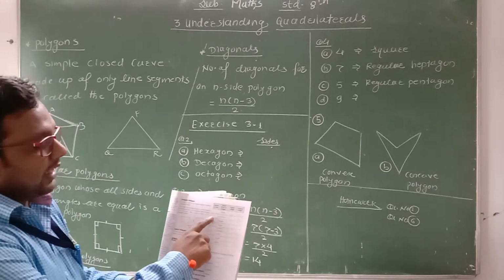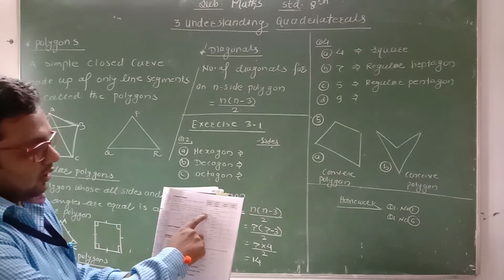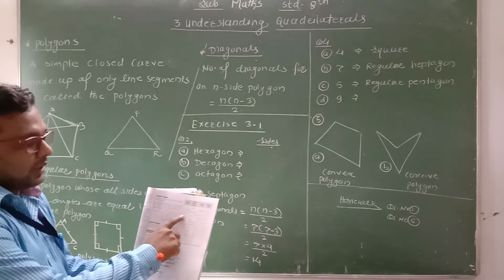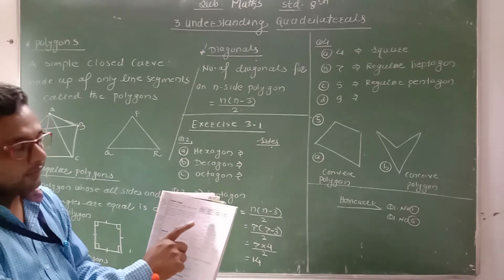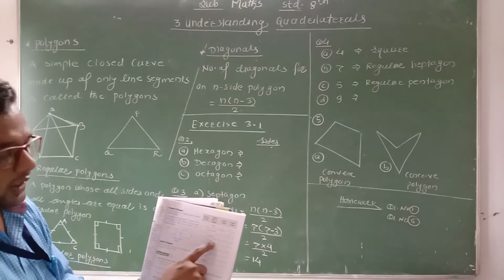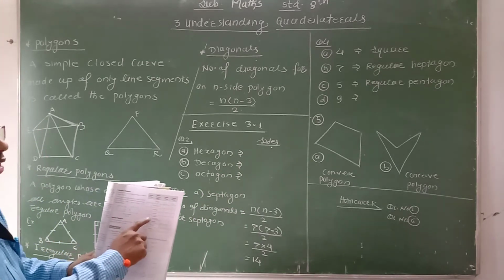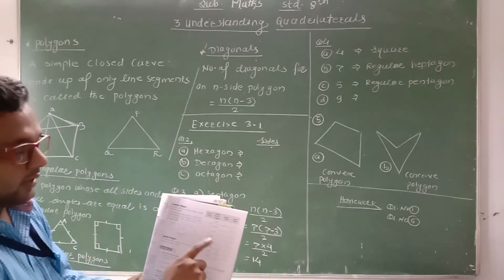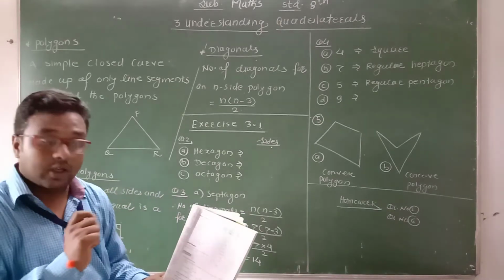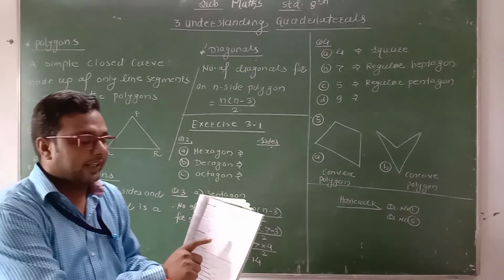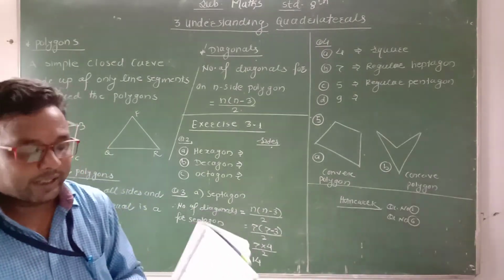Then a four-side polygon is called a quadrilateral. A five-side polygon is called a pentagon. A six-side polygon is called a hexagon. A seven-side polygon is called a heptagon or septagon. Then an eight-side polygon is called an octagon. A nine-side polygon is called a nonagon and a 10-side polygon is called a decagon.